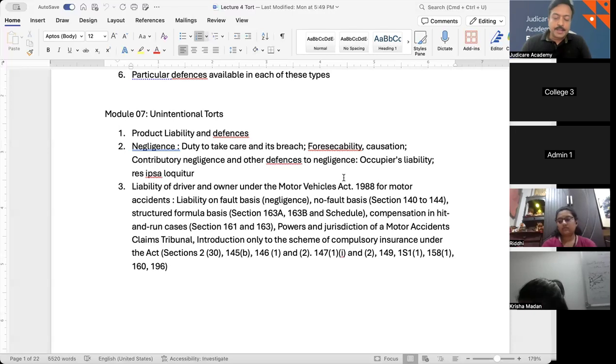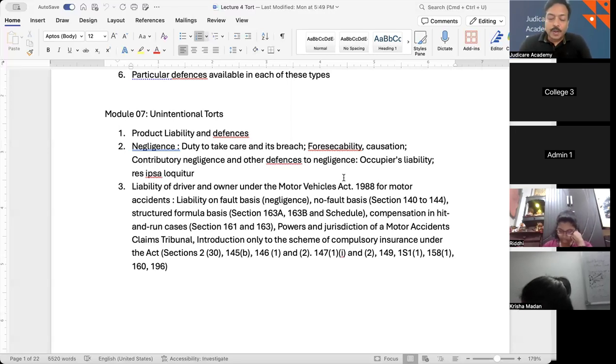Section 140 says the liability to pay compensation in certain cases on the principle of no fault. This is all 140 to 144, all in chapter number 10 of the Motor Vehicle Act, which talks about liability without fault in certain cases, which is no fault liability.